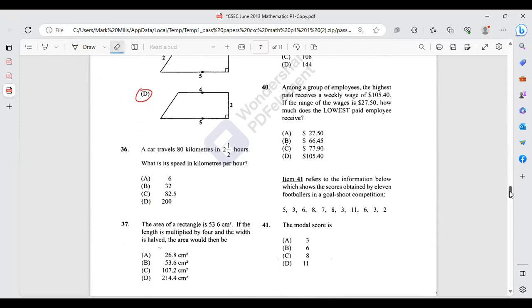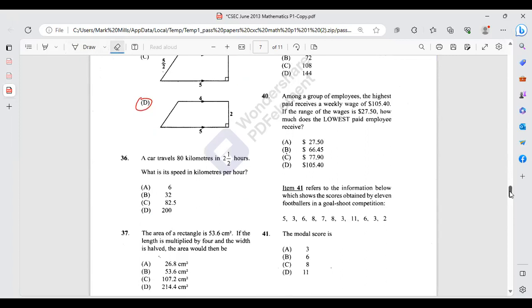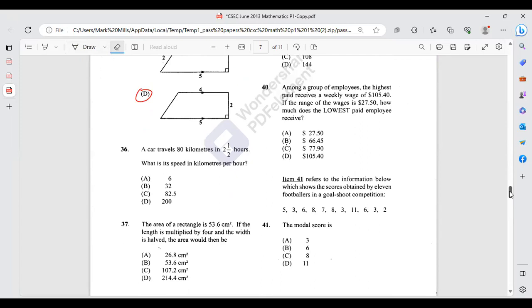All right, so we're doing number 36. A car travels 80 kilometers in 2.5 hours. What's the speed?